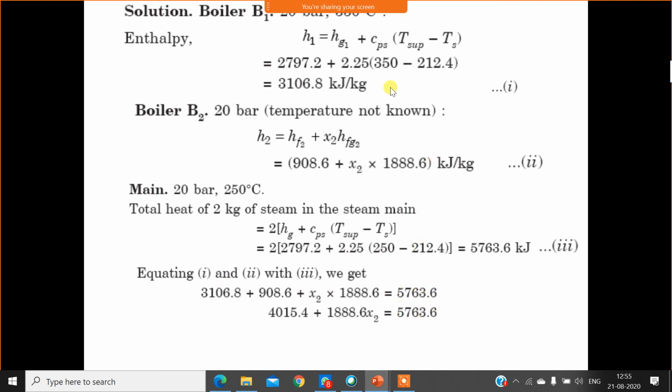We know the enthalpy for equation 1, and we know the enthalpy for equation 3. We don't know the enthalpy for equation 2, and here H2 and X2 are unknown. We put this term in. Therefore, 3106.8 plus 908.6 plus X2 into 1888.6 is equal to 5763.6.